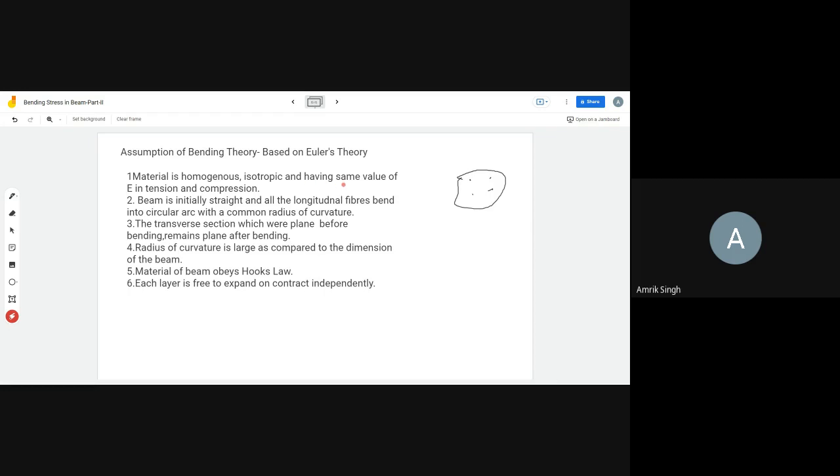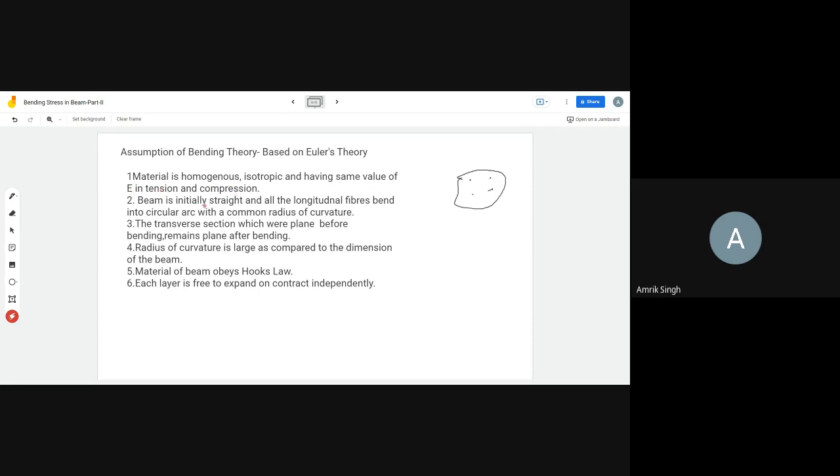Isotropic means the elastic properties here are also the same, here also the same, here also the same. So it is isotropic and has the same value of E in tension and compression. That means the modulus of elasticity is the same in tension and compression.